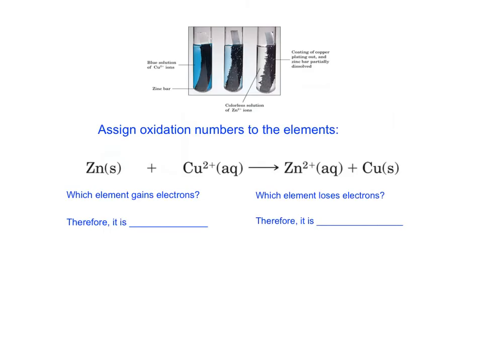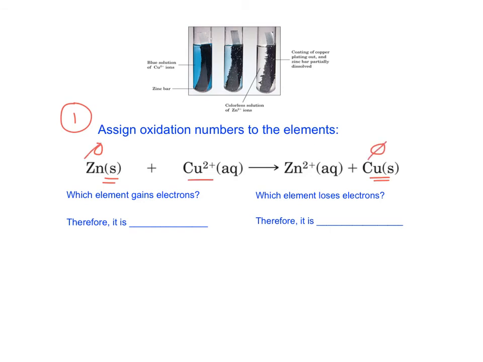Okay, let's evaluate this chemical reaction between a piece of zinc and copper ions. Afterwards, you have zinc ions and a piece of solid copper. Step one is to assign oxidation numbers to the elements. Remember, elements in their elemental state get a 0 for their oxidation charge.